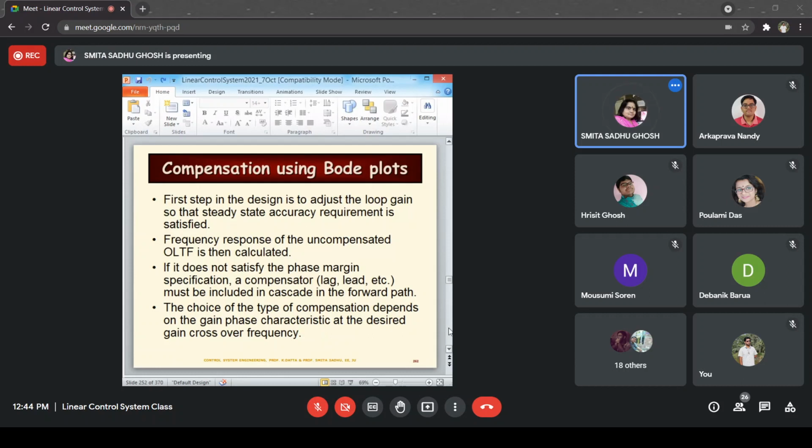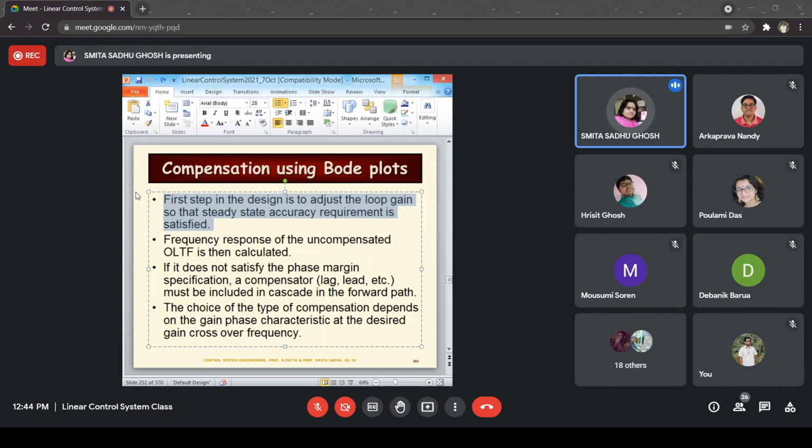Now, once the Bode plot is obtained, how do we do the compensation using Bode plots? The first step in the design is to adjust the loop gain so that the steady state accuracy requirement is satisfied. When we do actual numerical problems, you will see that in many cases, as I mentioned earlier, Kp or Kv or Ka is specified, or some steady state accuracy requirement is there.